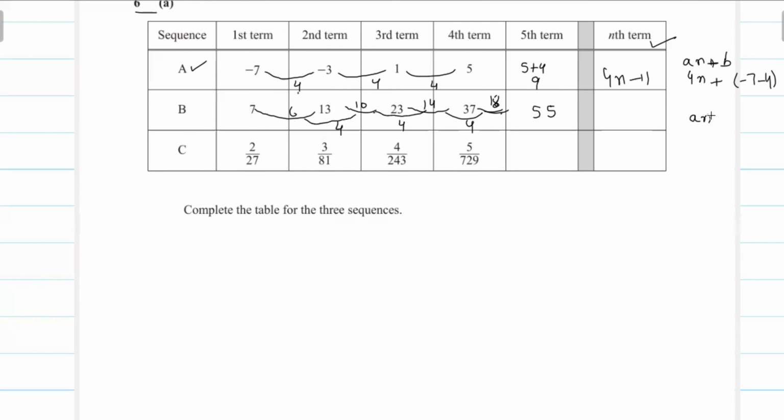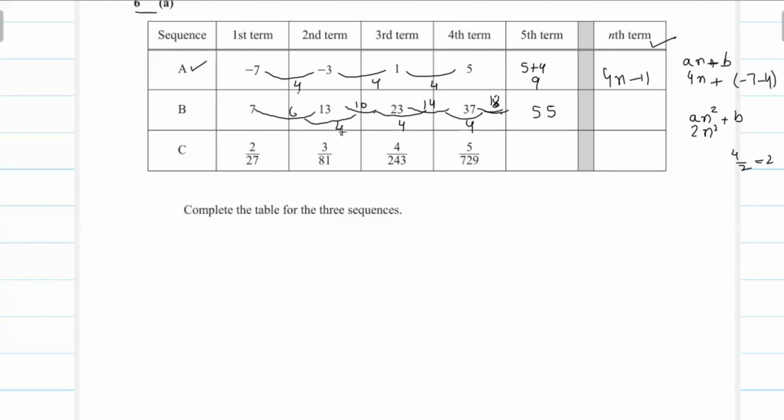The equation of a quadratic sequence is an square plus b. You see here the a value you can calculate by dividing the second difference value, 4, by 2, you get 2. You write here 2n square.